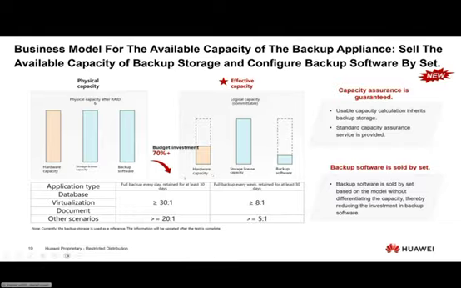These are some typical application data reduction ratios that we can achieve based on different backup policies. For example, with a full backup every day and retention of at least 30 days, for database versions and file systems, we can support up to a 30-to-1 data reduction ratio. But remember, in the effective capacity mode, we must also provide the capacity assurance service.